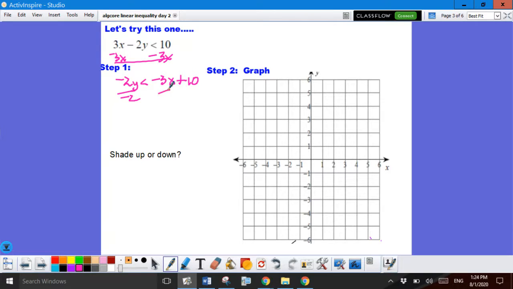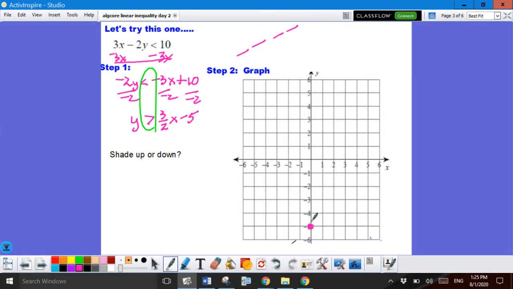Divide by negative 2. I'm dividing by a negative, so I know I have to flip that sign. Negative 3 over negative 2 is going to be 3 halves, and 10 divided by negative 2 is negative 5. So hopefully you've got your m and your b, and you realize that this is going to be an open line. So hit pause if you haven't already and get this line graphed.